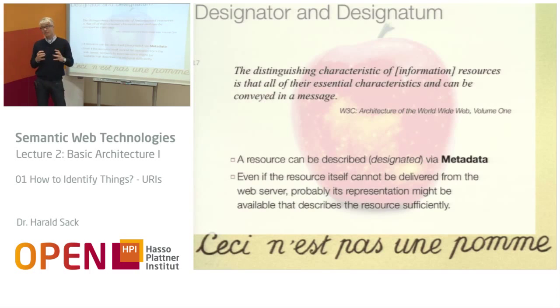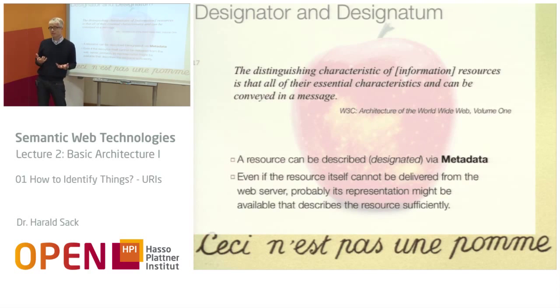So the nice thing is we can talk about objects or we can identify objects and distinguish them by summarizing their distinguishing characteristics. The distinguishing characteristic of objects or of resources is that all their essential characteristics can be conveyed in a message. So they can be transferred, communicated within a message.